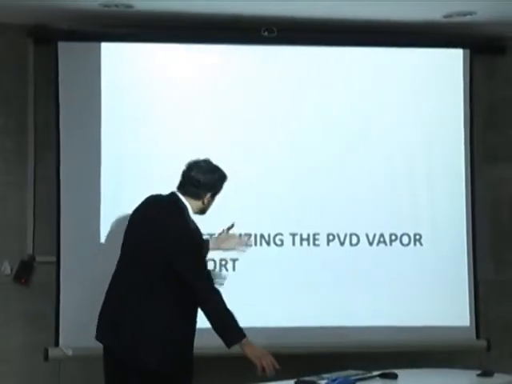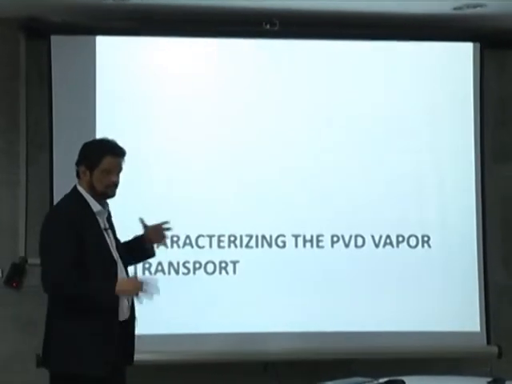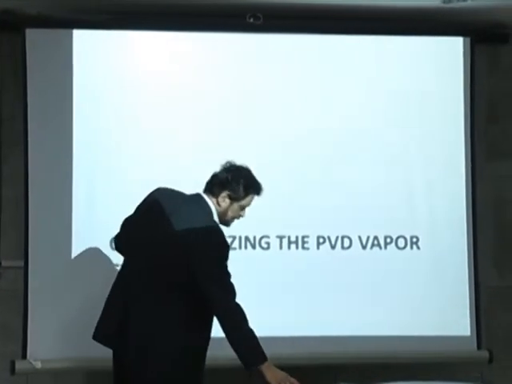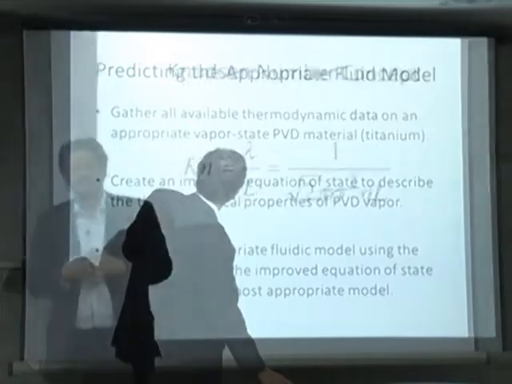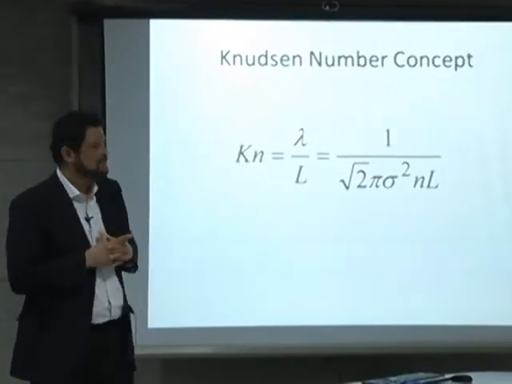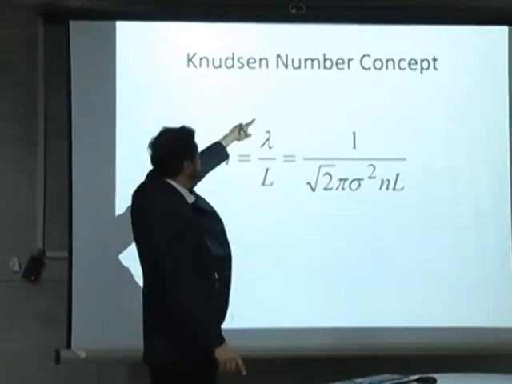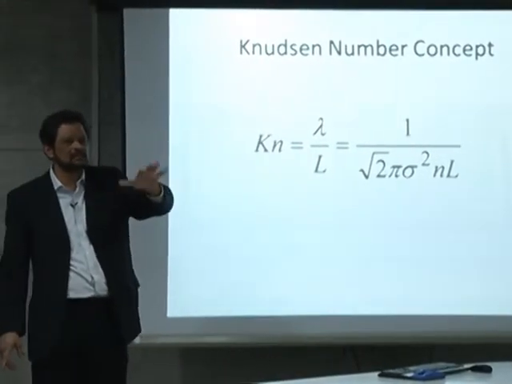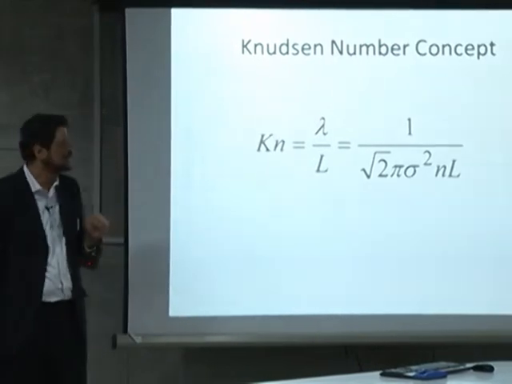So this vapor transport that happens in physical vapor deposition, we want to characterize it first, see how it works. It will be nice to look at what is called the Knudsen number. Postgraduate fluid mechanics only you're likely to know, otherwise not.